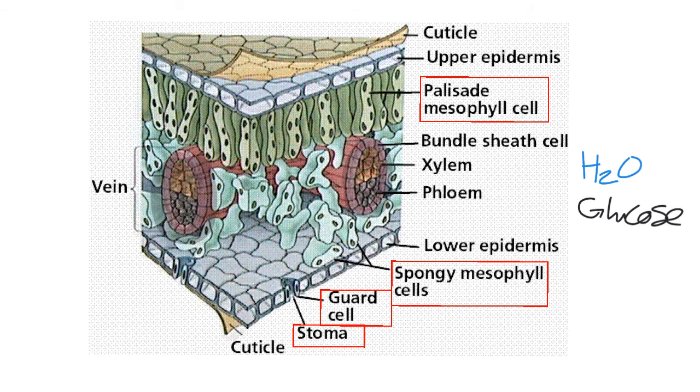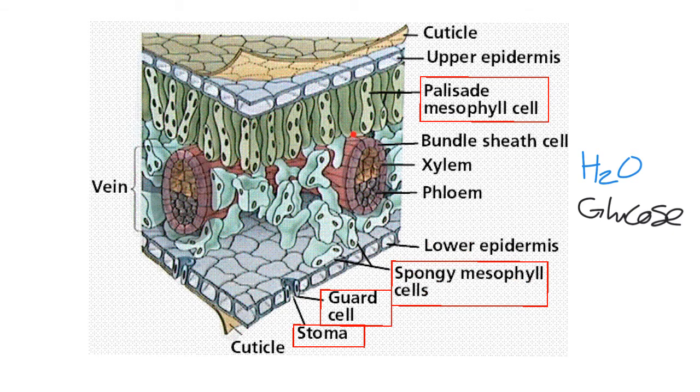And our vascular bundles are going to be interspersed with our spongy mesophyll. So our spongy mesophyll is loosely packed, and that is how water is able to access the mesophyll, and how glucose leaves our mesophyll and is stored in other places of the plant, whether it's the stem or the roots.